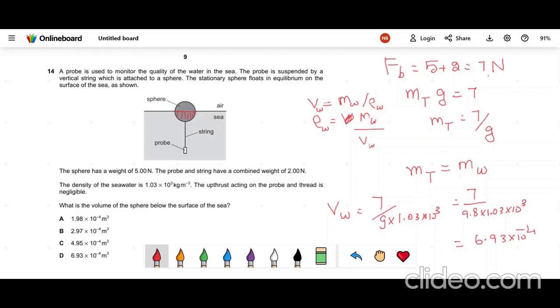The volume of water displaced is the mass of water divided by the density of water. The mass of water displaced is equal to the force divided by gravity. The total force is 7 and the acceleration due to gravity is 9.8. After substituting this, you will get the answer.